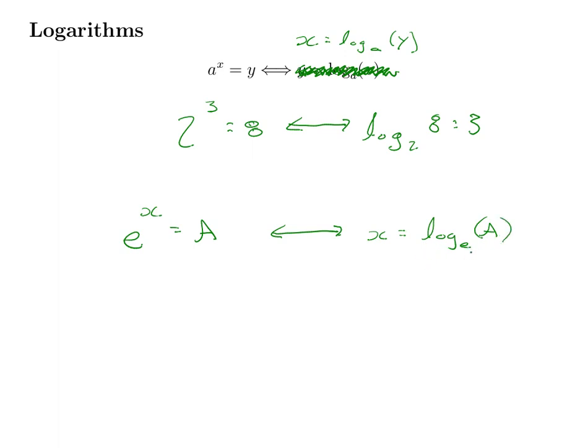But log base e gets used so often that we just give it its own name. Call it ln a. The n stands for natural. This is the natural log. We call that number e the exponential base, or sometimes the natural base. So on your calculator, you'll notice right by the e to the x button, you'll have an ln button as well. So we'll use that to solve some things. These logarithms and exponentials are inverses of each other.